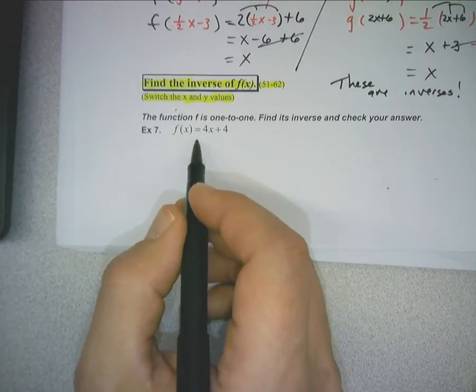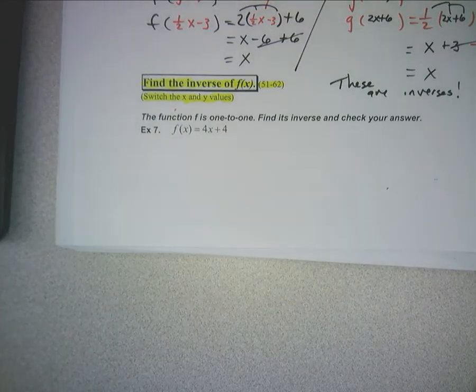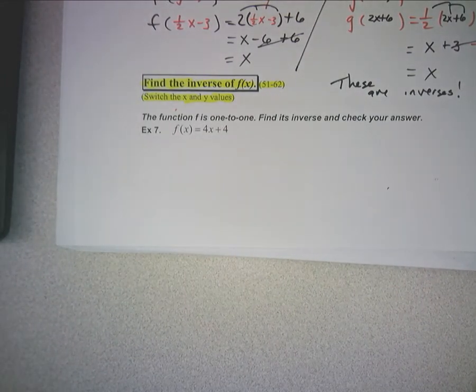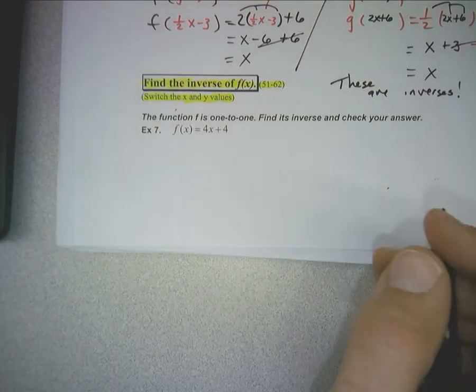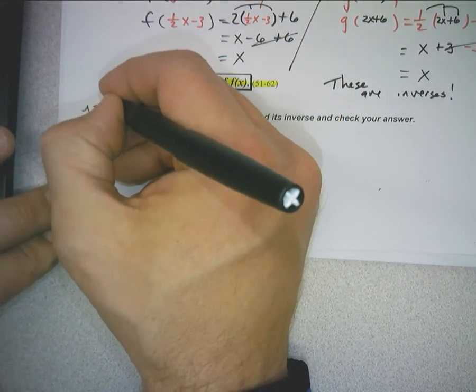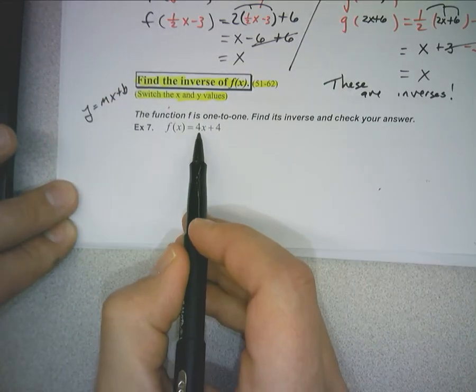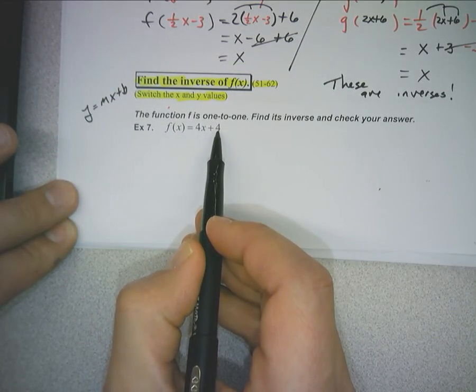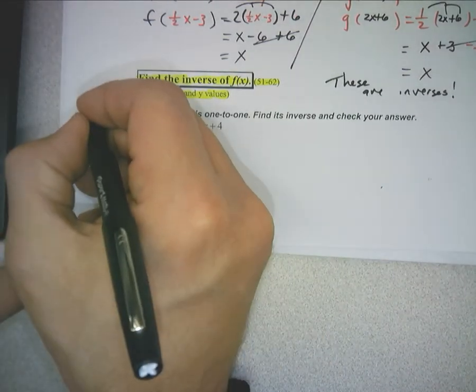This is a line. Usually lines look like y equals mx plus b. This is your slope, that's your x, and that's your b. The question is, what's y?